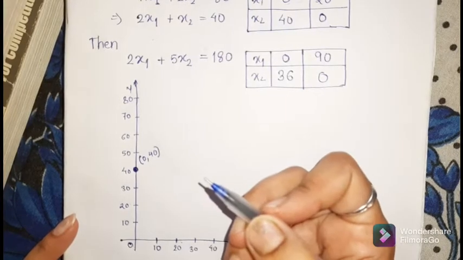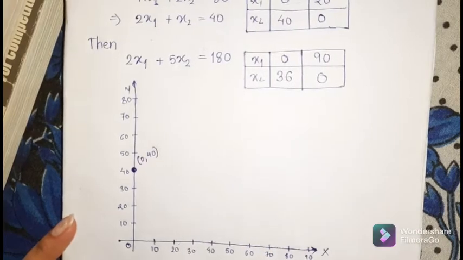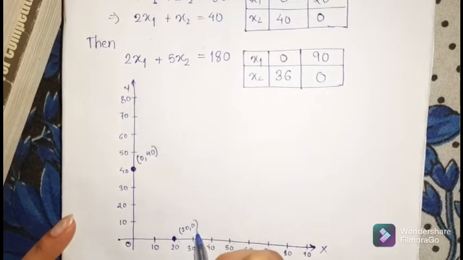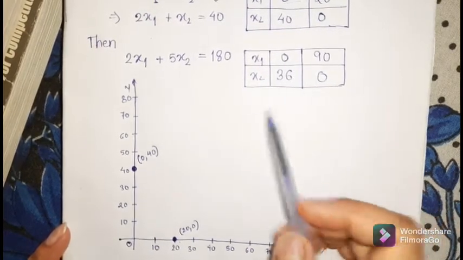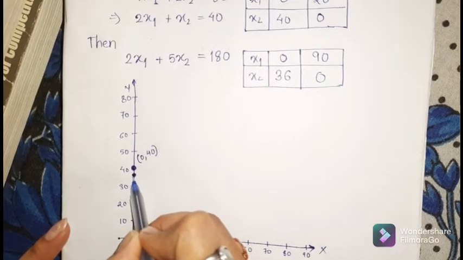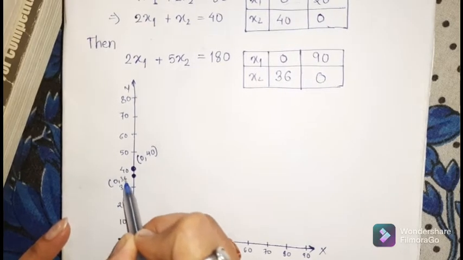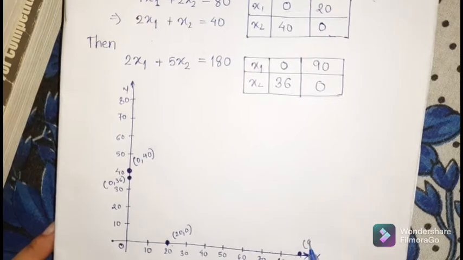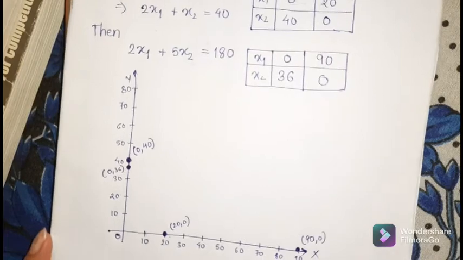Now the second point is 20, 0. Next x1 0, x2 36, this is the point 0, 36, and the next one is 90, 0. Okay, so we draw the line.